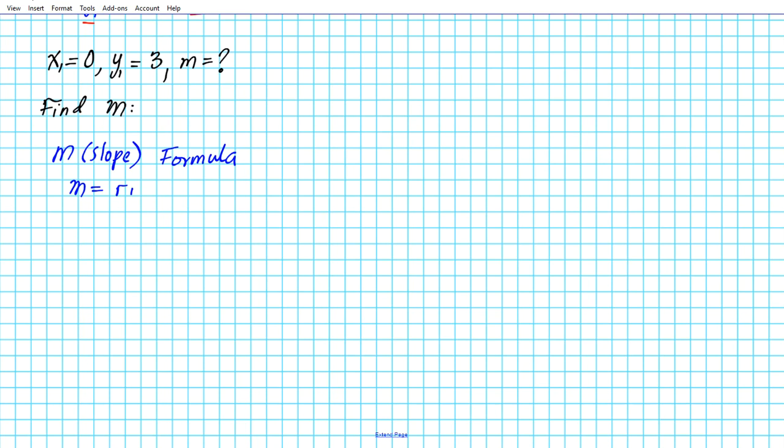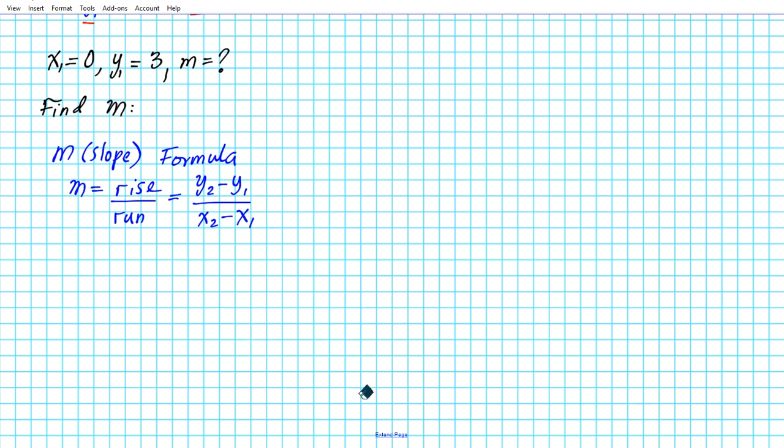Rise over run. Using coordinates, the rise over run can be written as follows. You rise along the y-axis, so it's going to be y2 minus y1, over the run. You run along the x-axis, so x2 minus x1.